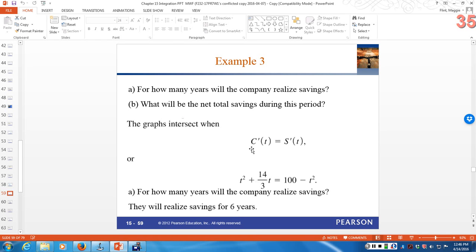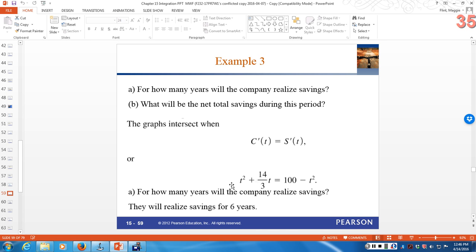Well, first of all, you need to know where those two graphs intersect. And they intersect where t squared plus 14 over 3t is equal to 100 minus t squared. And you can actually do this one pretty quickly because t squared and t squared are going to make this whole thing a quadratic. It's going to wind up being 2t squared plus 14 over 3t minus 100 is equal to 0.